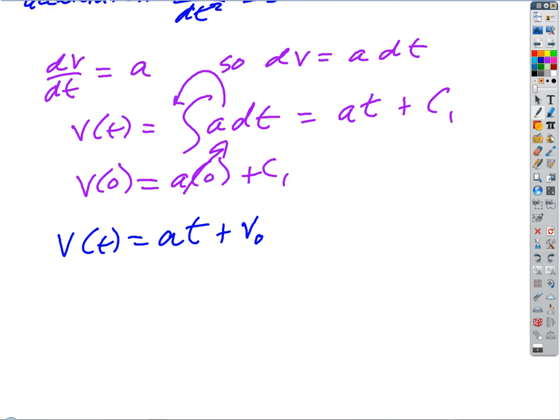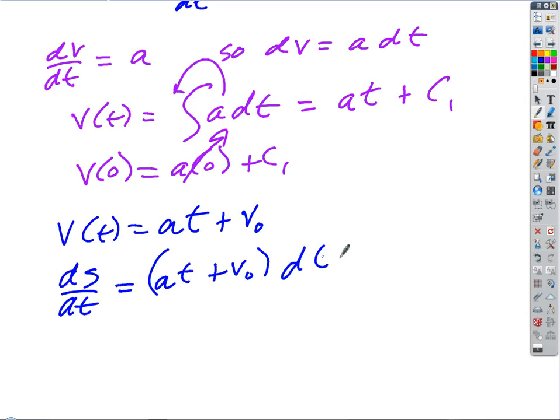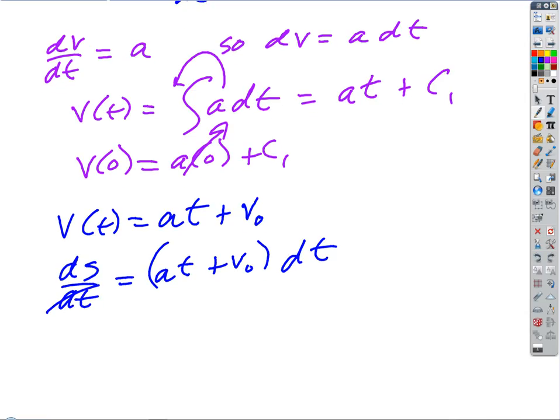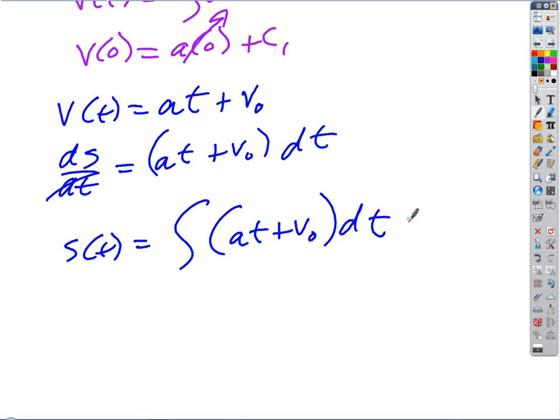And so if we wanted to write another differential equation in terms of position, right? Multiply both sides by dt to put it in differential form. Take the integral, and we get s equals the integral of at plus v naught dt.